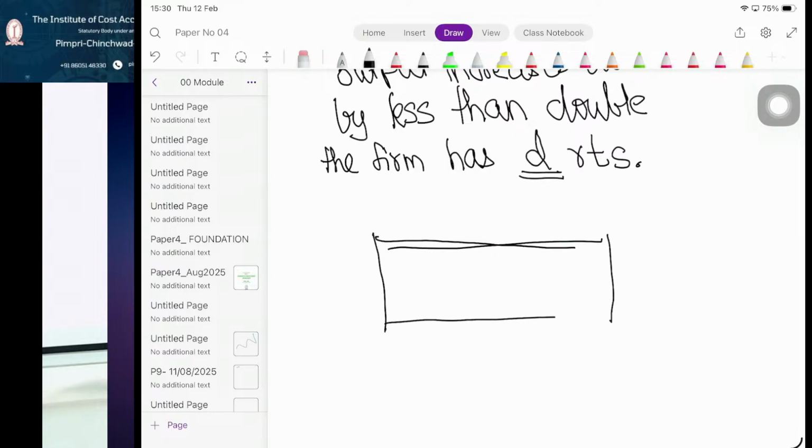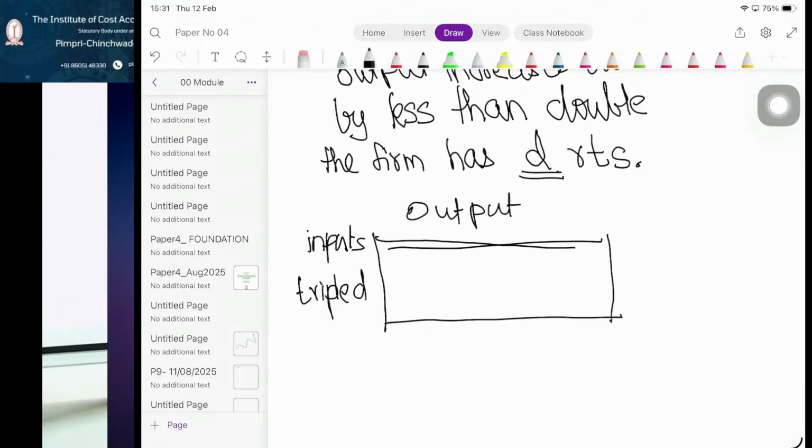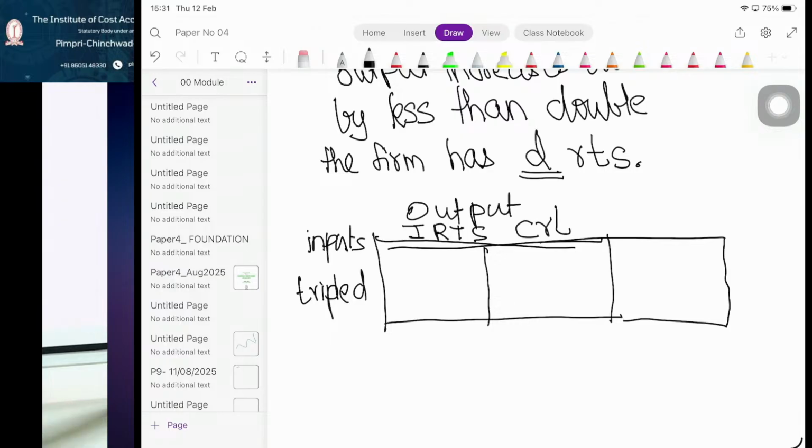Inputs are tripled. I want you to write the output for the firm if it was increasing returns to scale. Choose some number, whatever comes to your mind, which will be consistent with our law.